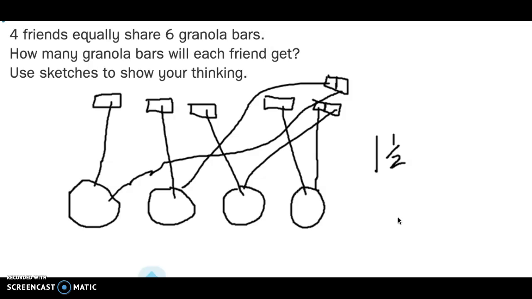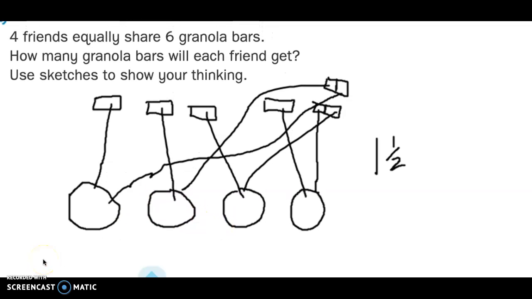However, what if this was something that could not be cut in half? So let's say, I'm going to go to the next screen here. Well, let's say that these were pennies. If these were pennies, we couldn't cut them in half.